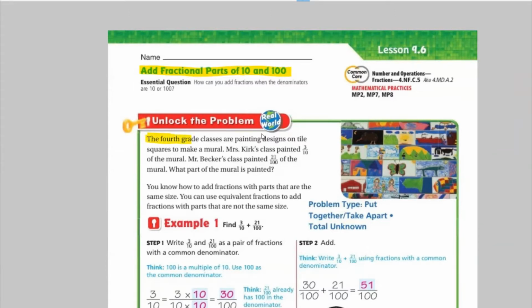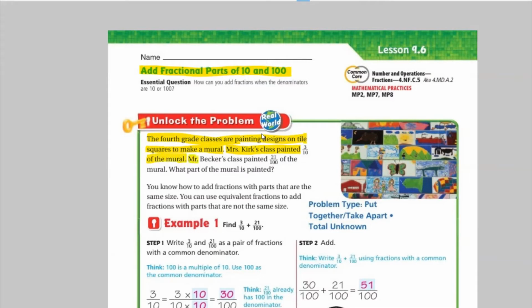The fourth grade classes are painting designs on tile squares to make a mural. Mr. Cute's class painted 3 over 10 of the mural.